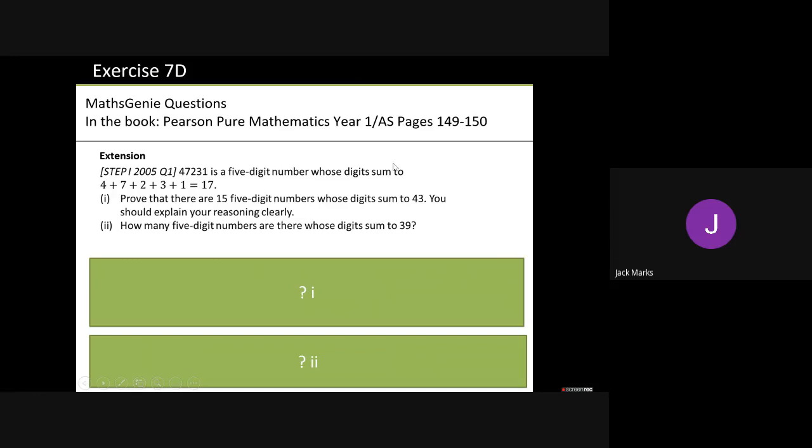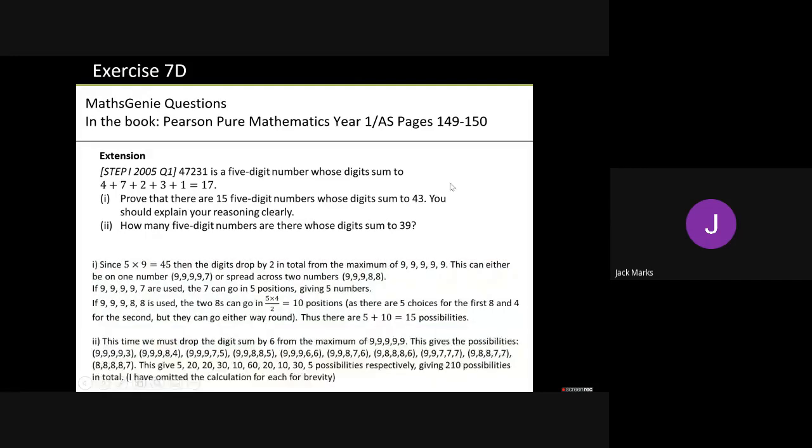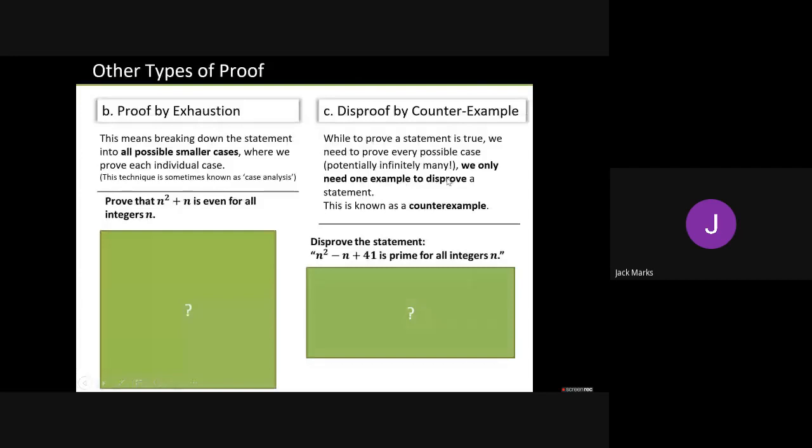Okay, and plenty of questions to have a go at there. So let's just quickly visit the last few. These ones are relatively straightforward. Proof by exhaustion. Proof by exhaustion means you look at all of the possible cases. So if perhaps the question was talking about dice, well, it's 1 to 6, isn't it?